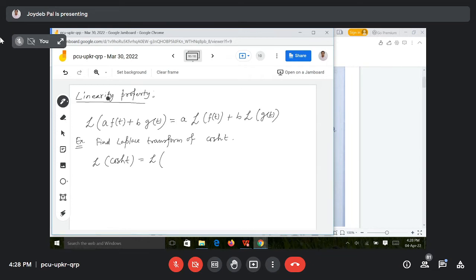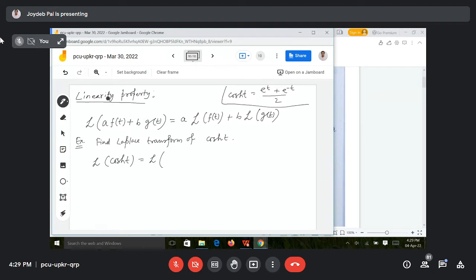Do you know or not? e to the power x plus e to the power minus x by 2. Yes. Here the variable is t. So it is e to the power t plus e to the power minus t by 2. That is the formula for cos hyperbolic t.